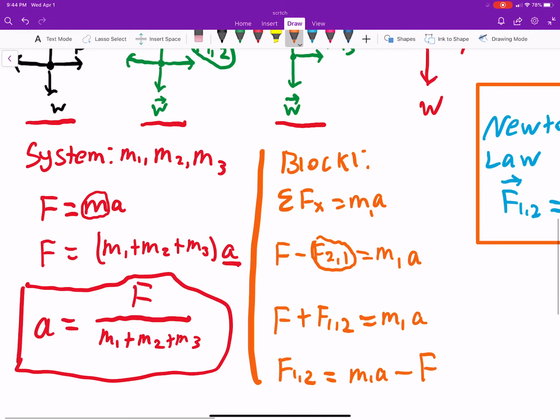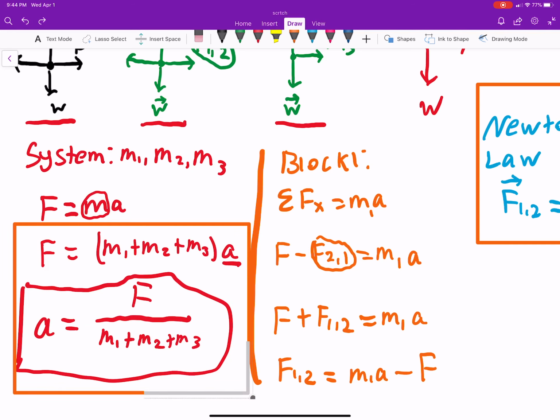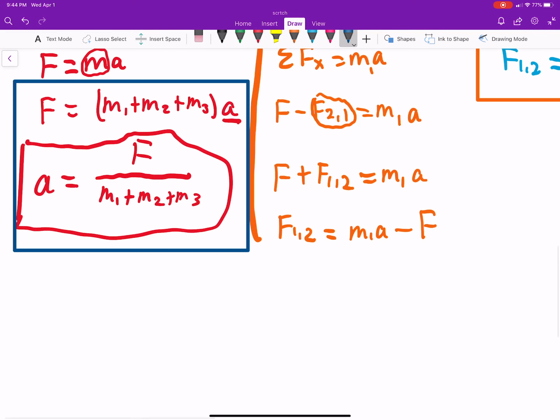Well, our force is just equal to, let me do that a little better. Let's make that blue. We know what our force is equal to, and we know what our acceleration is equal to. So F12 is equal to mass 1 times our acceleration.